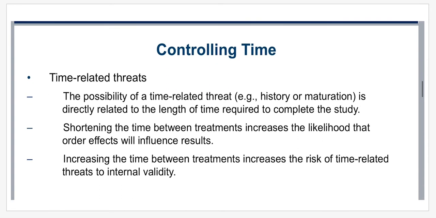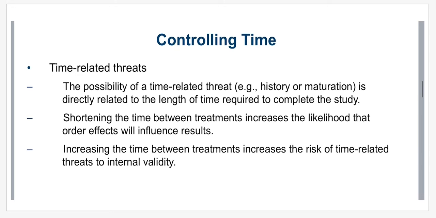What's different is the time variable, as we mentioned in the last video. So controlling the time-related potential confounding variables is the issue for within subjects design. These time-related threats, like history or maturation, are directly related to the length of time the study lasts.